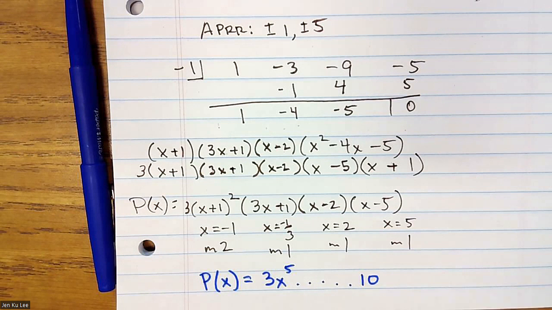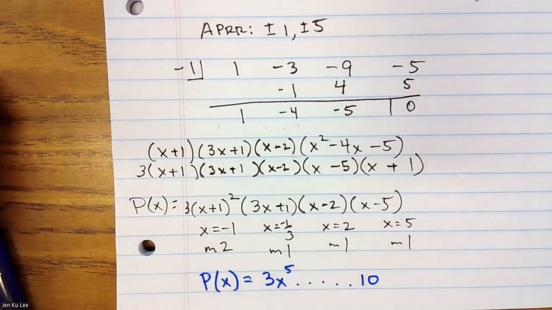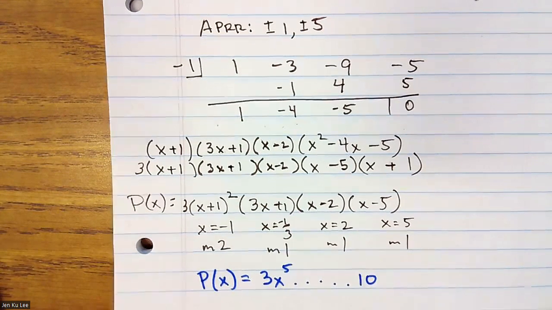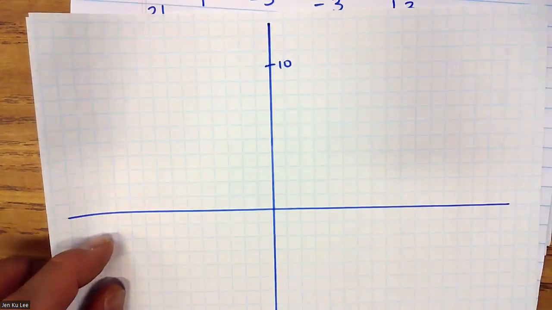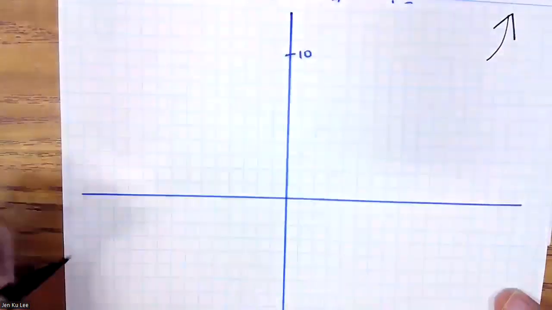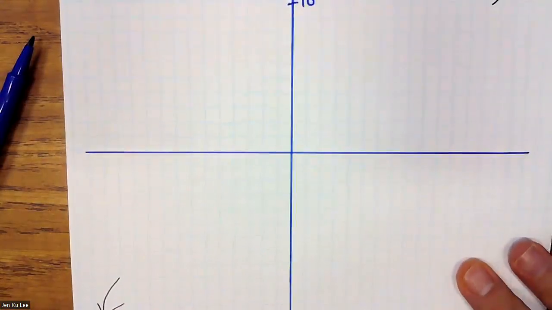What's my end behavior? With your arms. Yeah, it's like this, right? So my end behavior there would be this side going up. It's positive odd. So it goes like that, right?